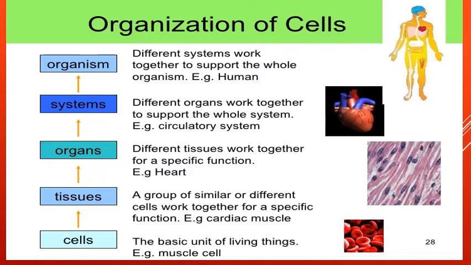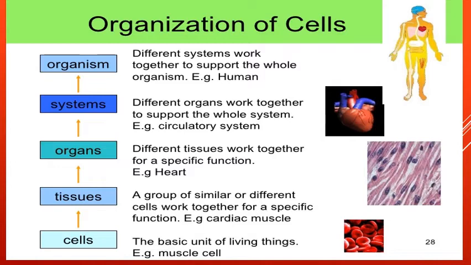Tissues are nothing but a group of cells, but that group of cells which are working together, sharing common structure and sharing one common function also. Okay, now different tissues come together to perform different functions. Then they will make up the organs.